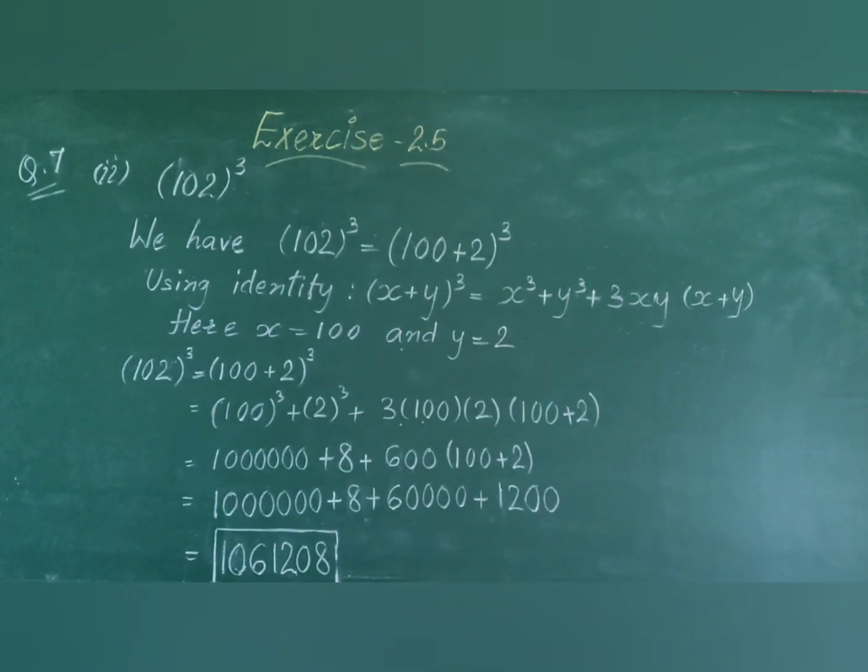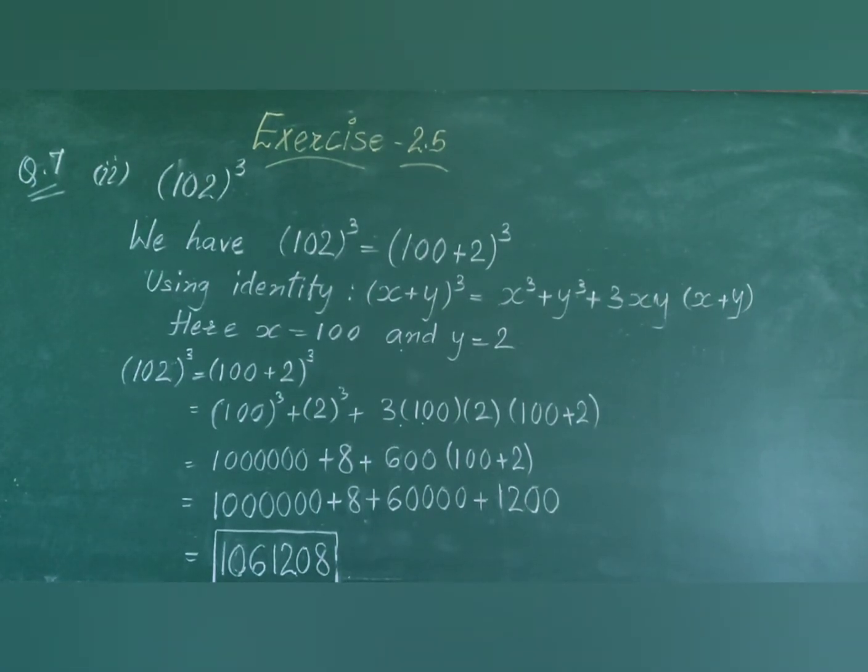Number 2, that is 102 cube. So we know that we can write 102 as 100 plus 2. So we will get 102 cube equal to (100 plus 2) whole cube. Using the identity (x plus y) whole cube equal to x cube plus y cube plus 3xy into (x plus y).